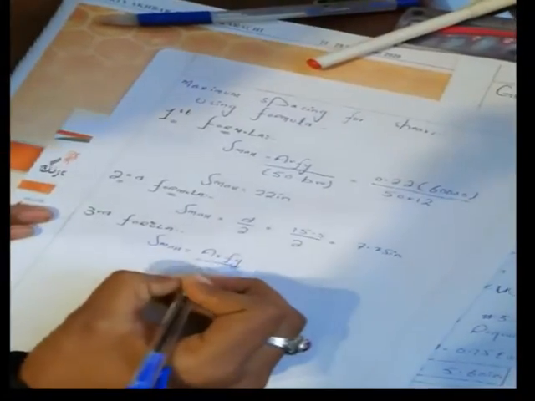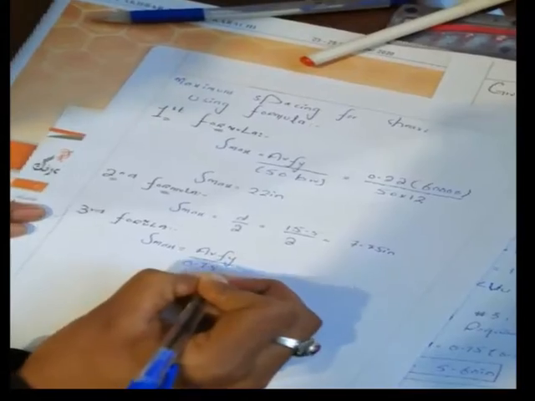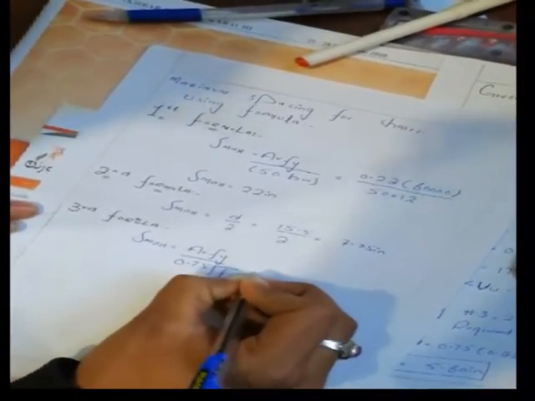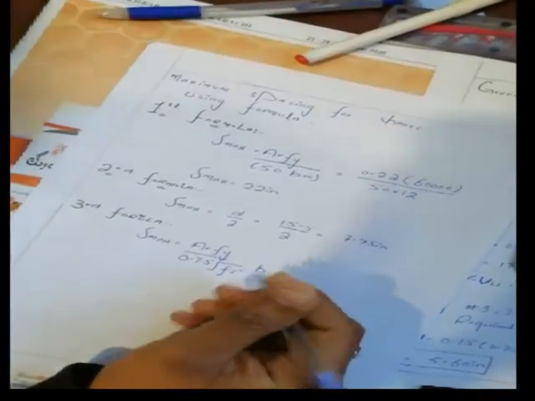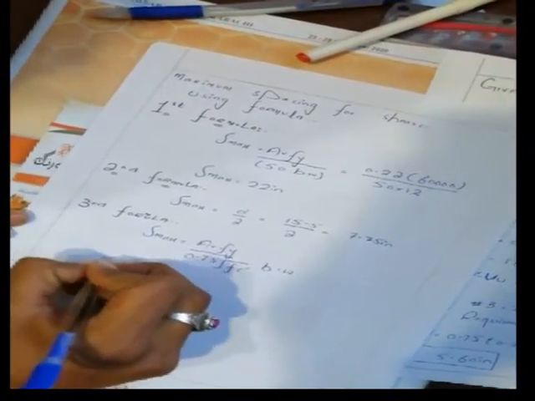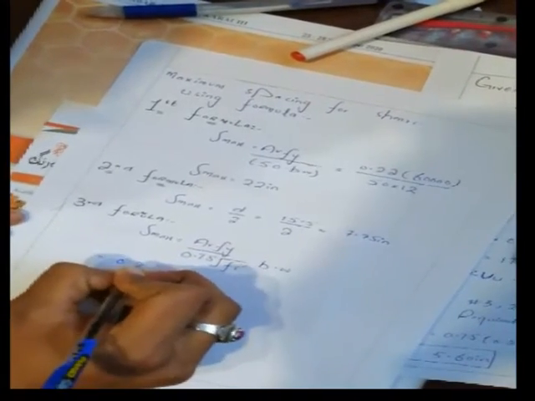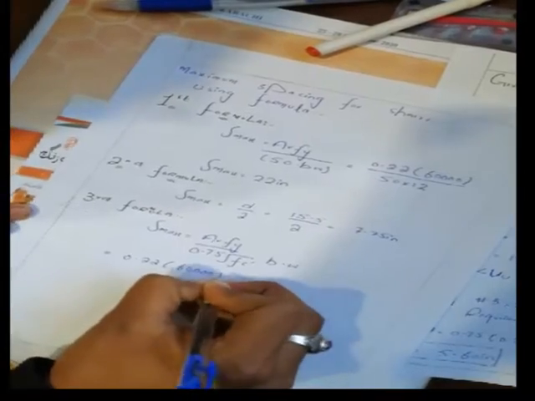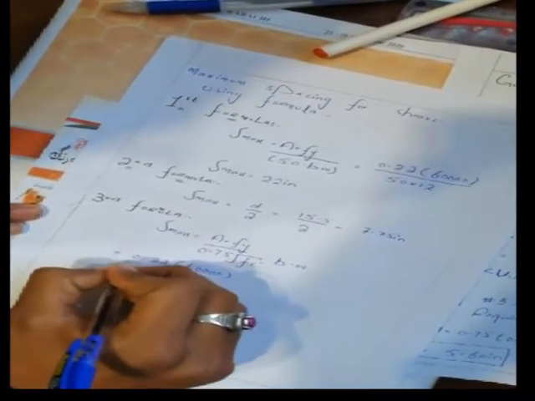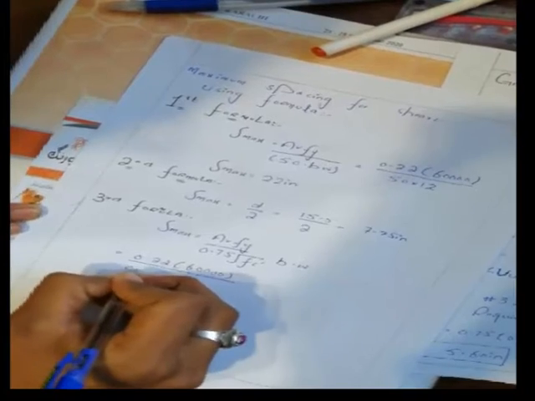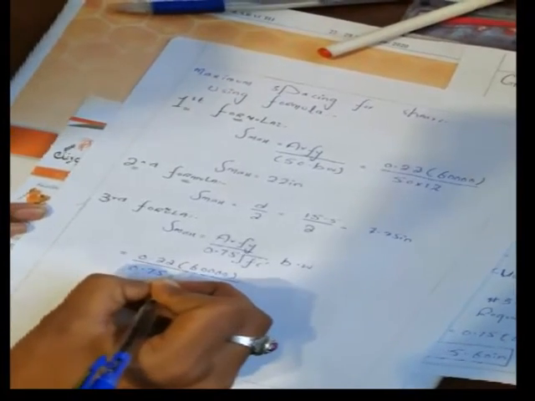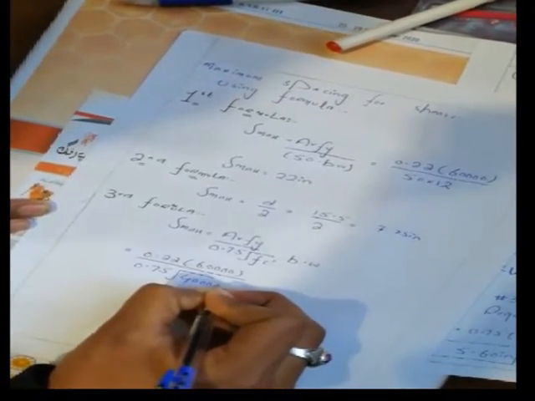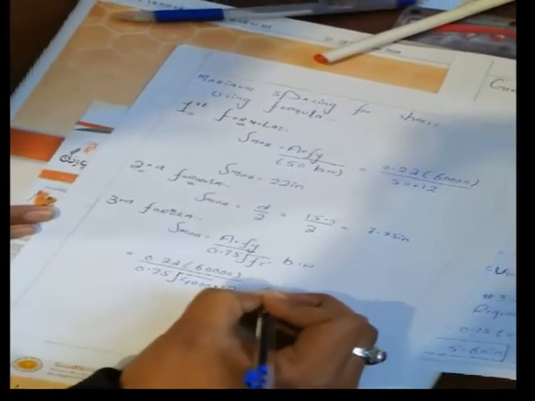Now going to the third formula, the formula for s maximum, that is Av fy divided by 0.75 under the root f'c bw. Now putting the values, Av is 0.22, fy is 60,000, divided by 0.75 under the root 4000, the value of f'c, and bw 12.